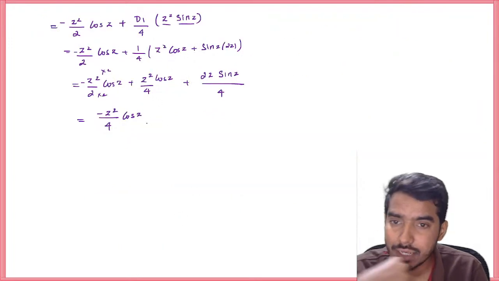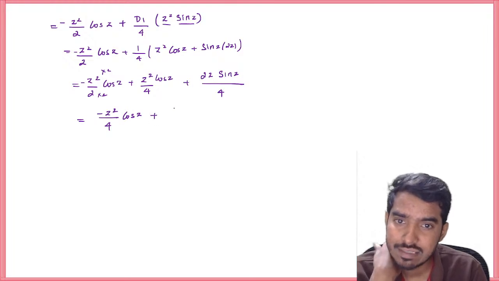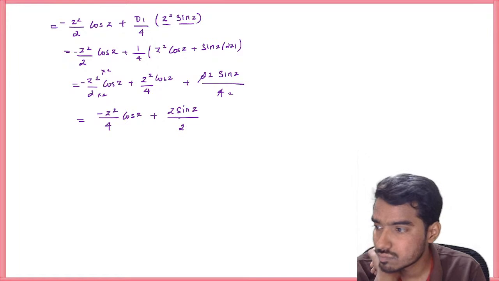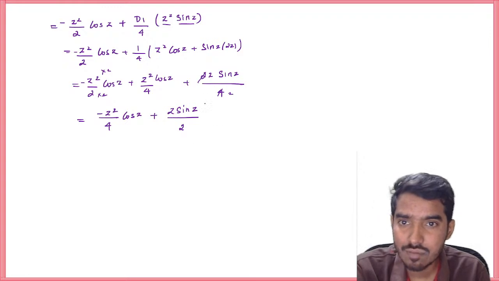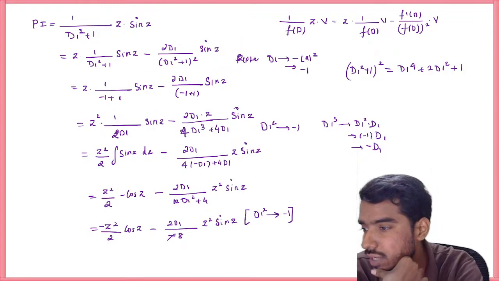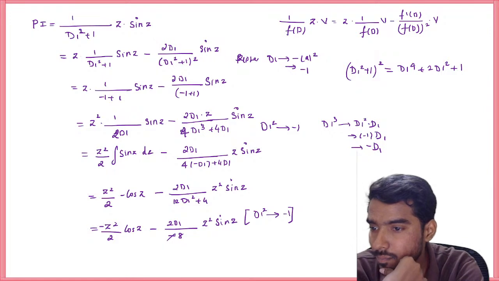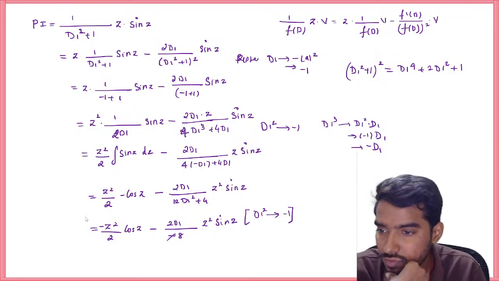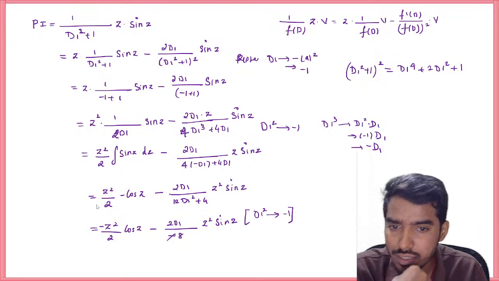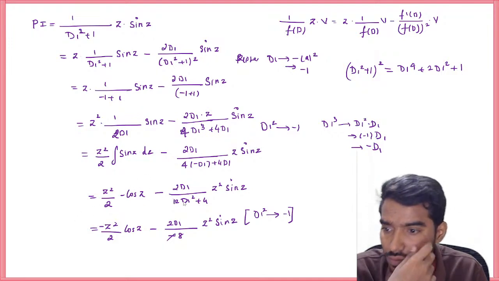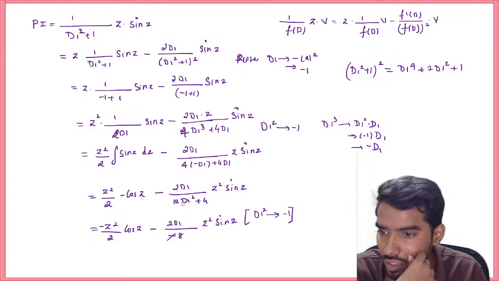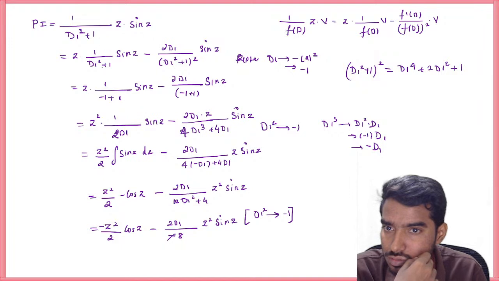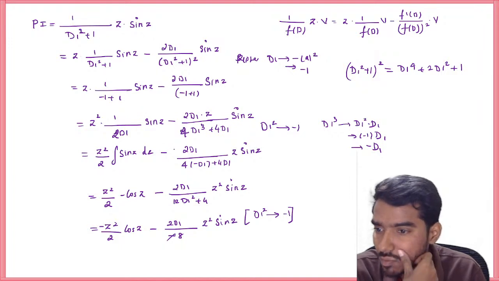So we have minus z square by 4 cos z plus, if I cancel this, z sin z by 2, right? I think we are missing some 2. Is there any mistake I have made here? Not the denominator, the last 5 lines. Where did I make the mistake?